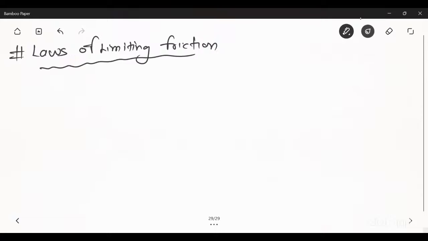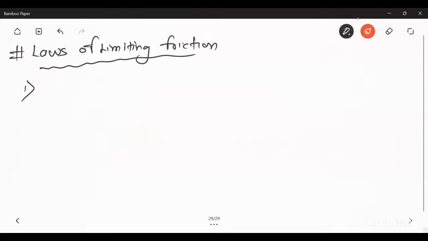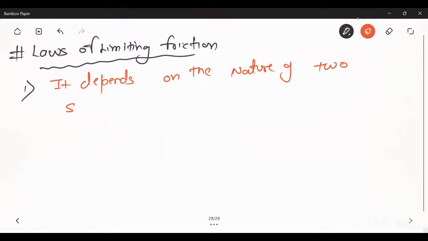First law is that it depends on the nature of the two surfaces in contact.